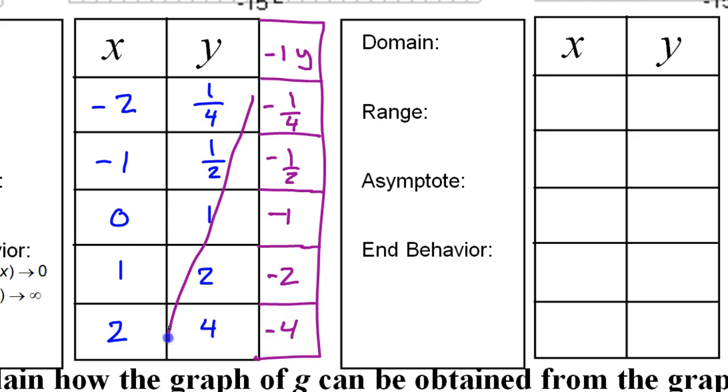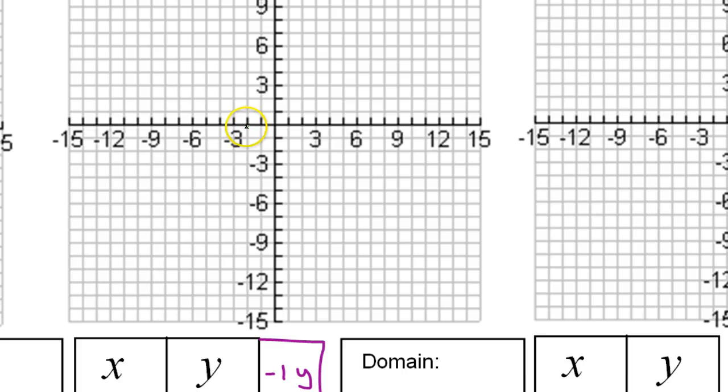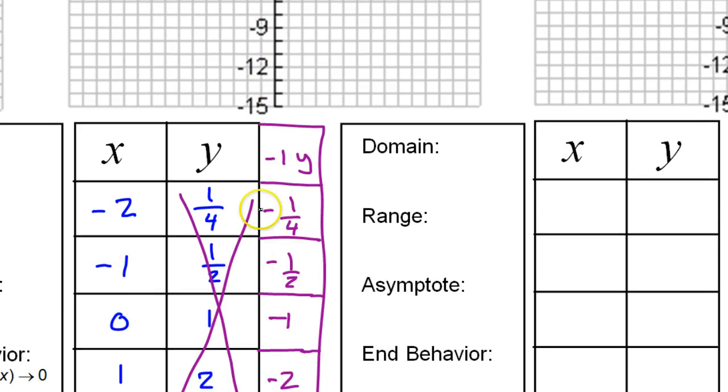Once we do that, we will forget about the second column, and we will now graph these. So let's see, -2, -1/4 is about here. Okay, -1 is -1/2.